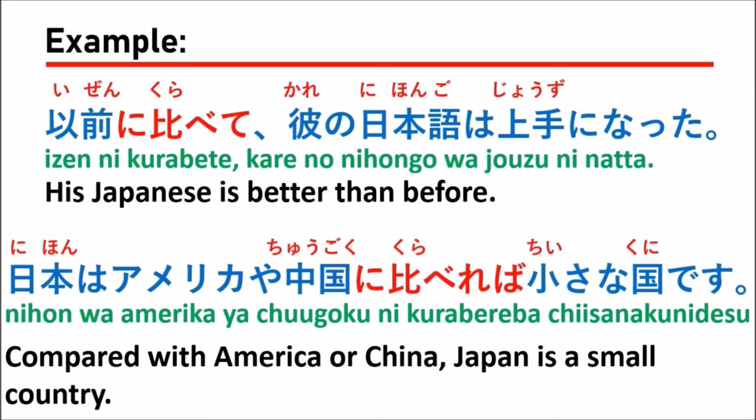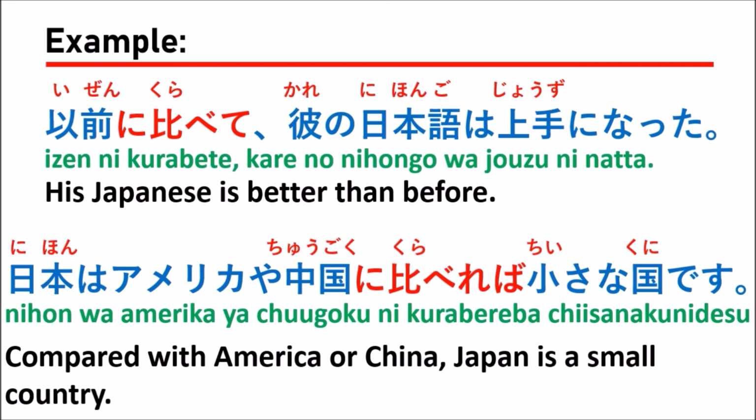And for the second sentence, you see that they use ni kurabereba. Ni kurabereba means if it compares to, or if you compare with something. When you translate directly, you should begin with "if": if we compare with China and America, Japan is a small country, right?